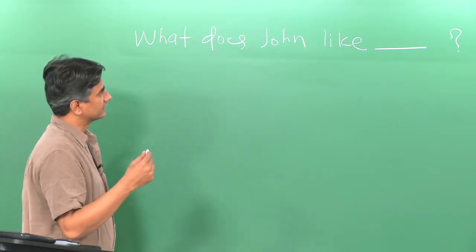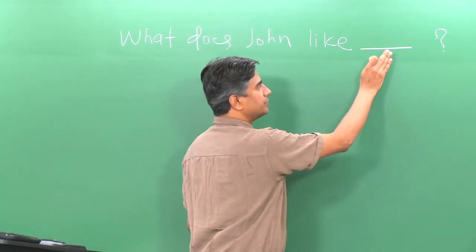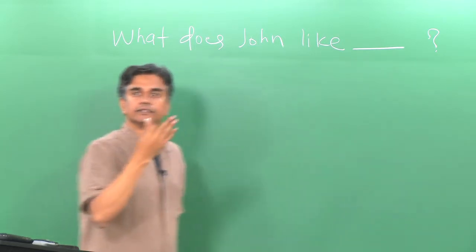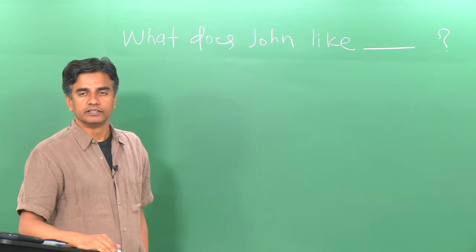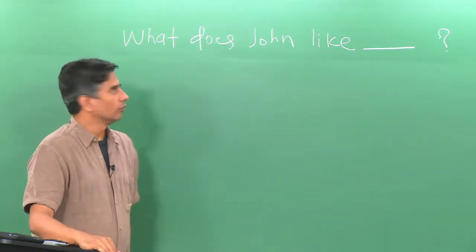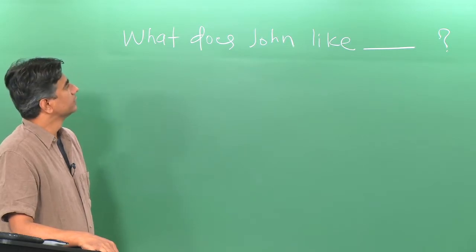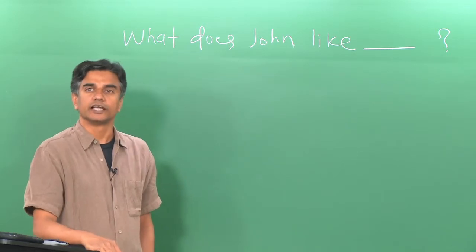What we find here is that the object of the sentence, which was pizza in the other case, has been questioned. And we are saying, what does John like? The sentence was John likes pizza.